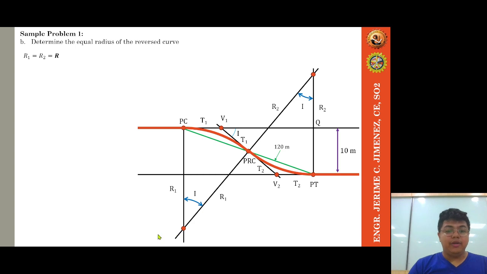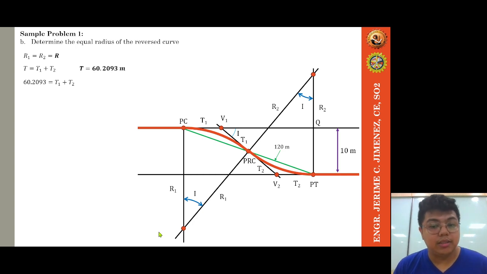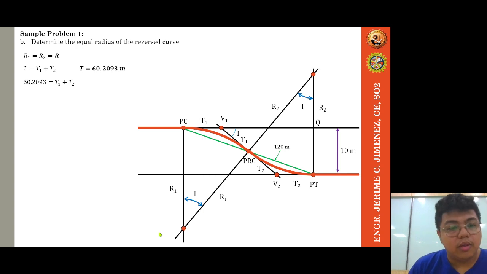So we have now computed the value of the common tangent as t is equal to 60.2093 meters. Substituting the value of the common tangent to the equation of the common tangent, which is t sub 1 plus t sub 2, we have 60.2093 is equal to t sub 1 plus t sub 2.